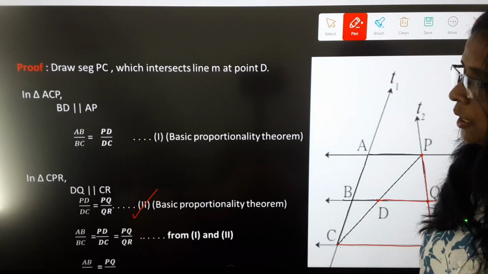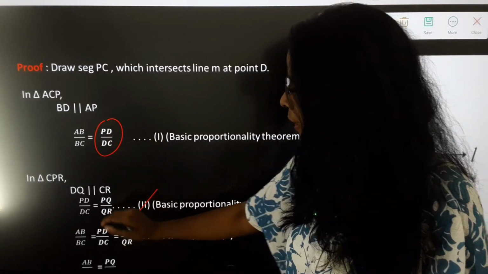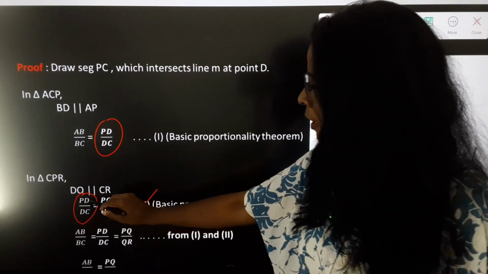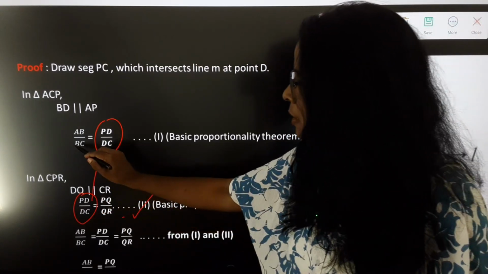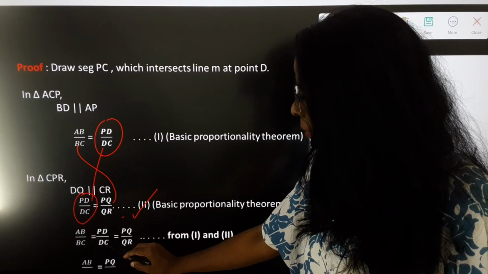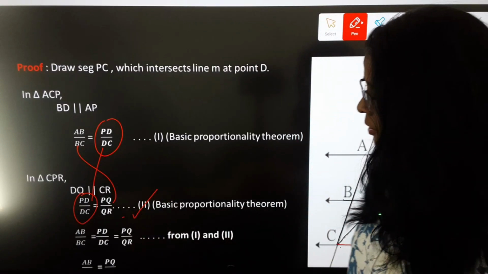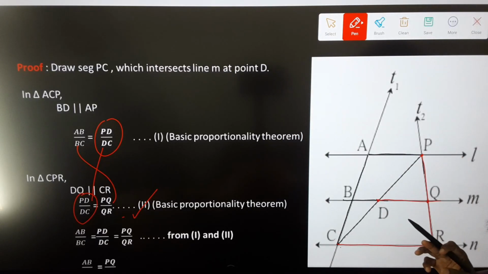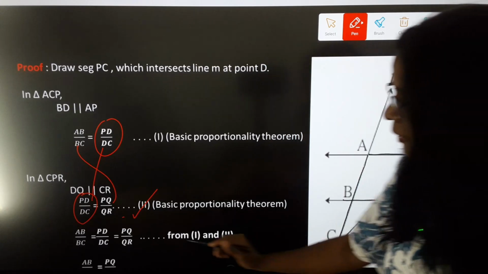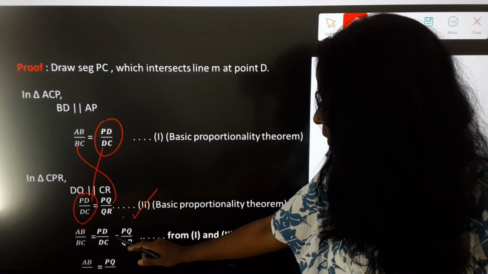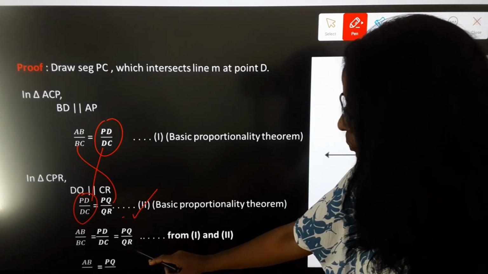Now see, in the first equation we have PD upon DC, and in the second equation PD upon DC. So both are equal. That means these two ratios are equal. Okay. So this way we can say that AB upon BC is equal to PD upon DC is equal to PQ upon QR.